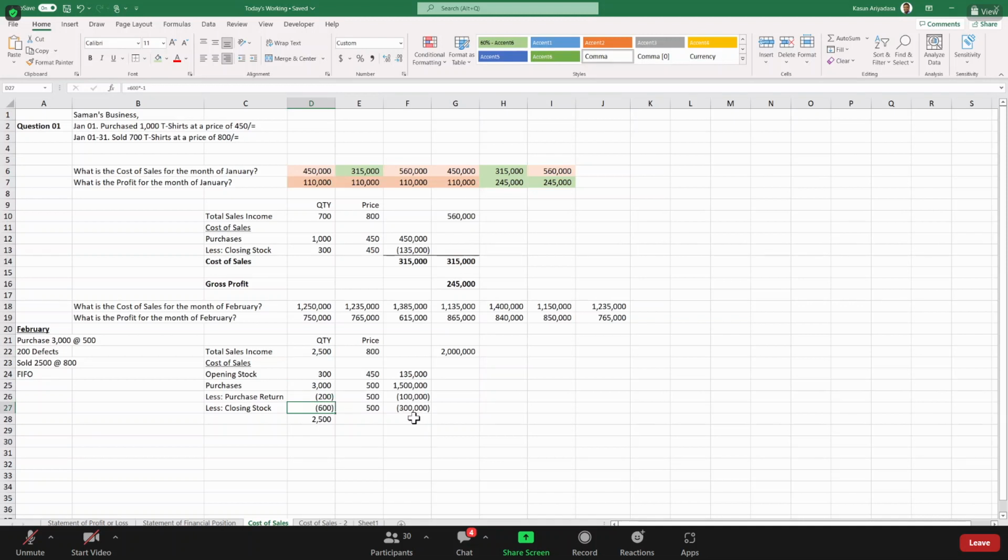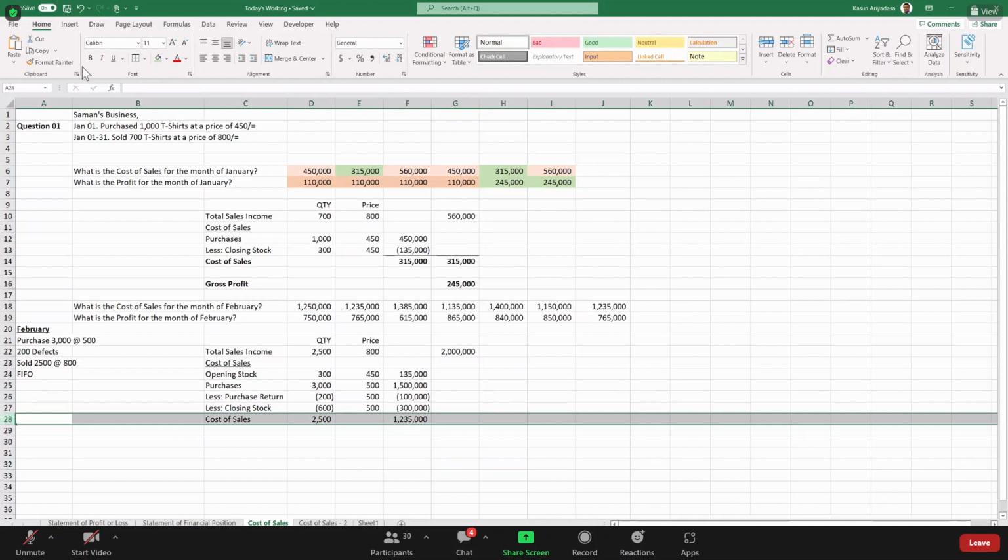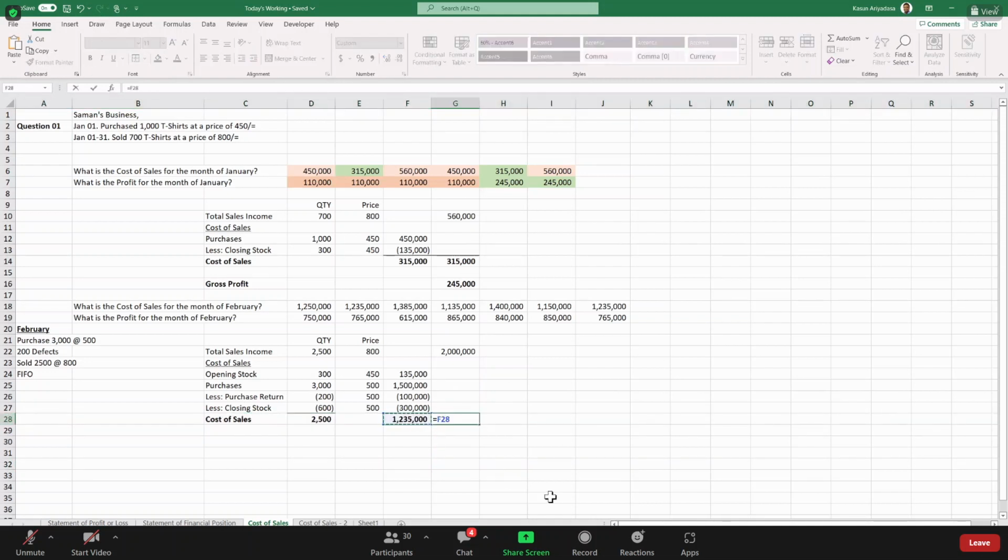So now our total cost of sales value, then our cost of sales is 1,235,000.